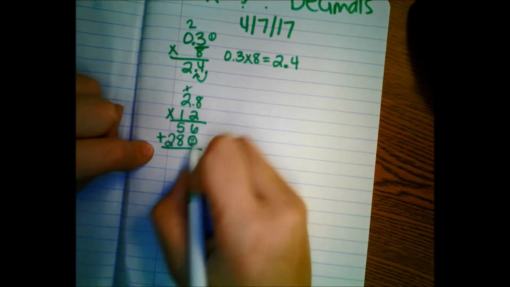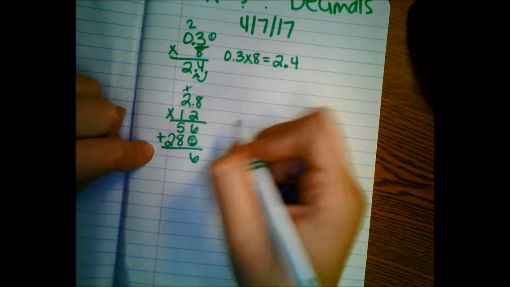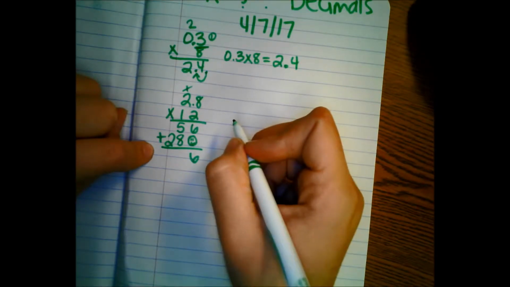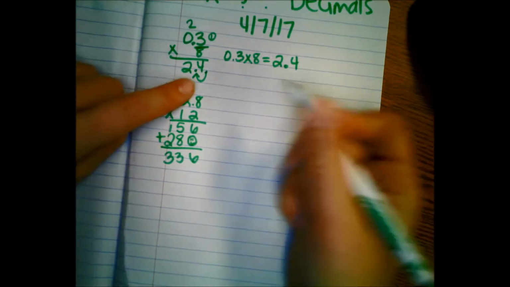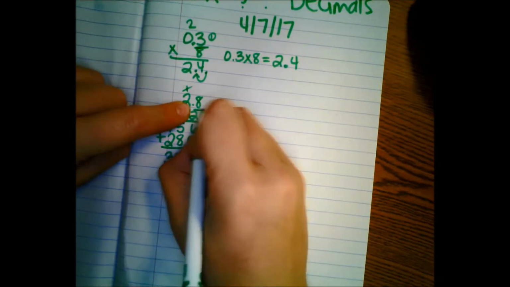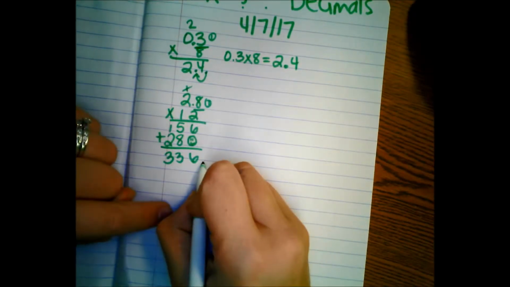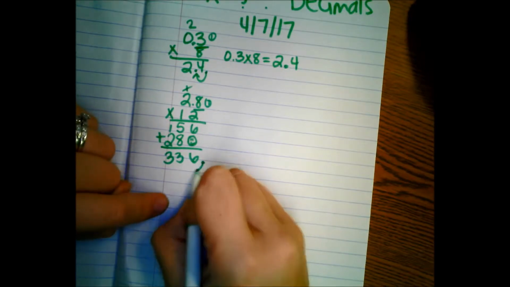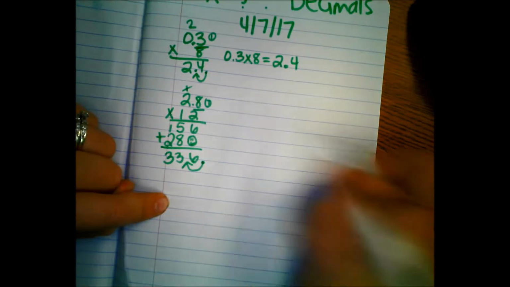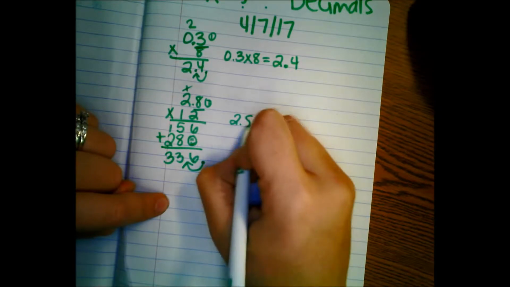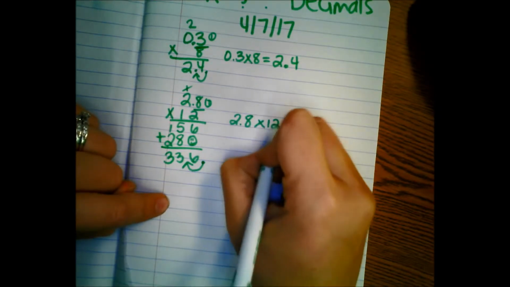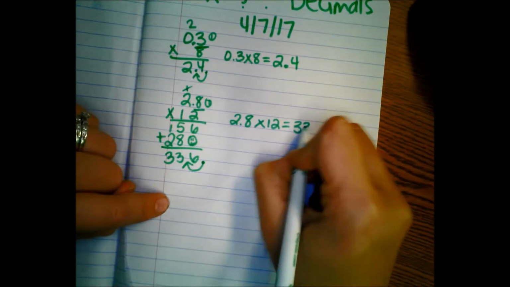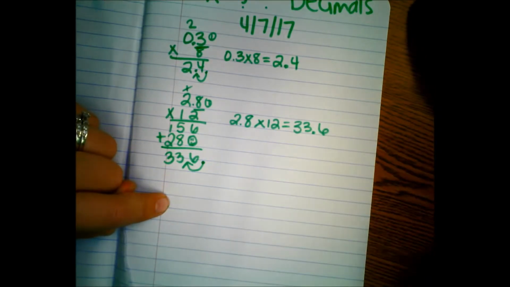I'm going to add these up. Now I'm going to recall my decimal. Again, it's just one spot, so I'm only going to move my decimal point over once from its invisible spot. So 2 and 8/10 times 12 equals 33 and 6/10.